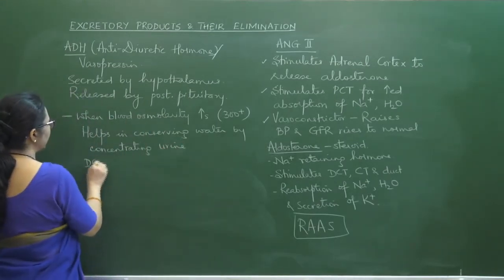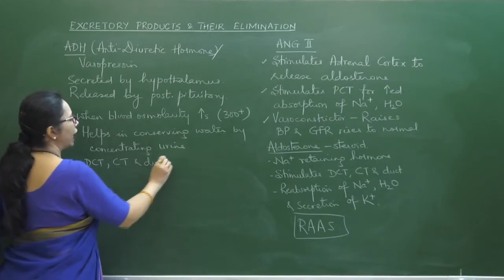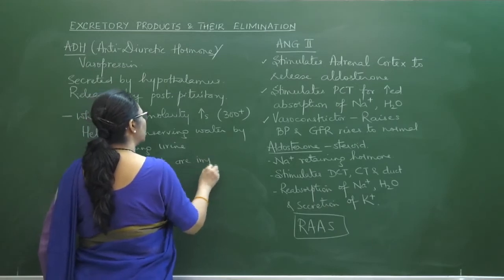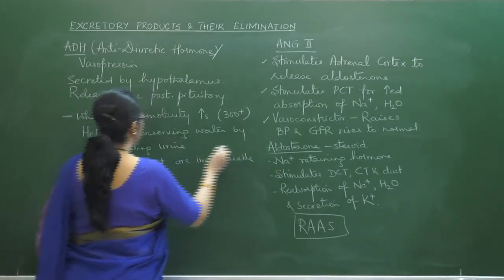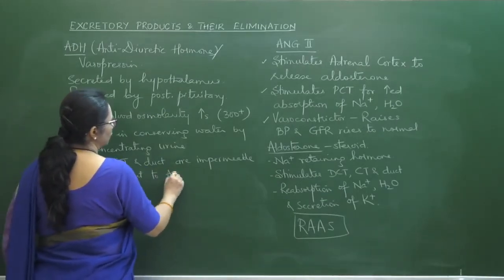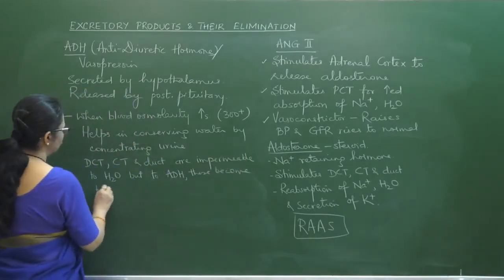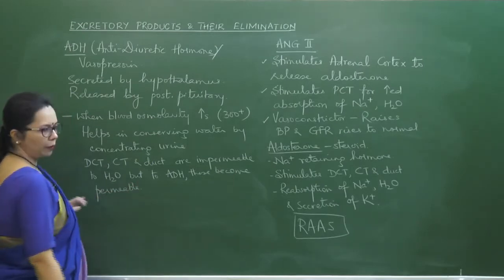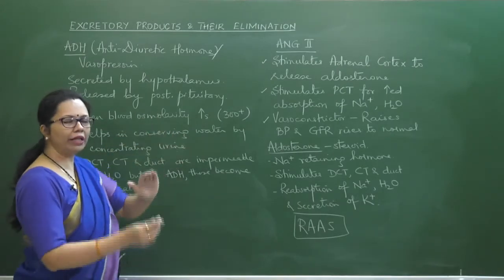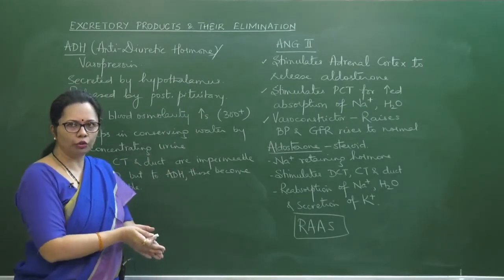You see, the DCT, collecting tubule and duct are naturally impermeable to water, but due to ADH, these become permeable. So from here now water can be absorbed. So water will be absorbed, and as a result, as soon as the blood osmolarity comes down a little less than 300, 295 or so, further ADH release is going to stop.